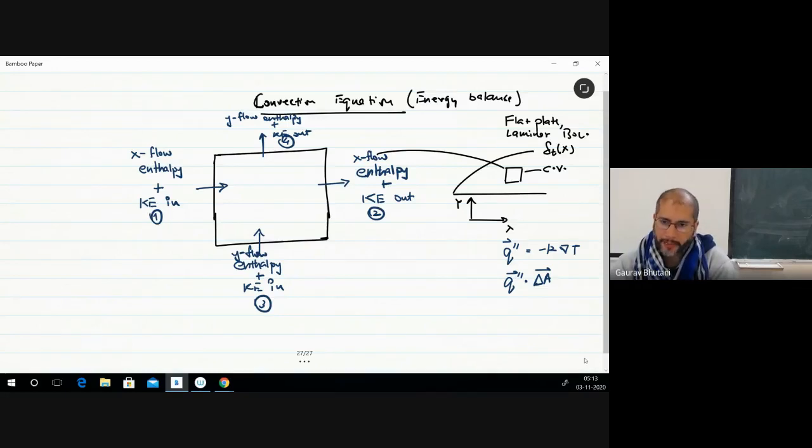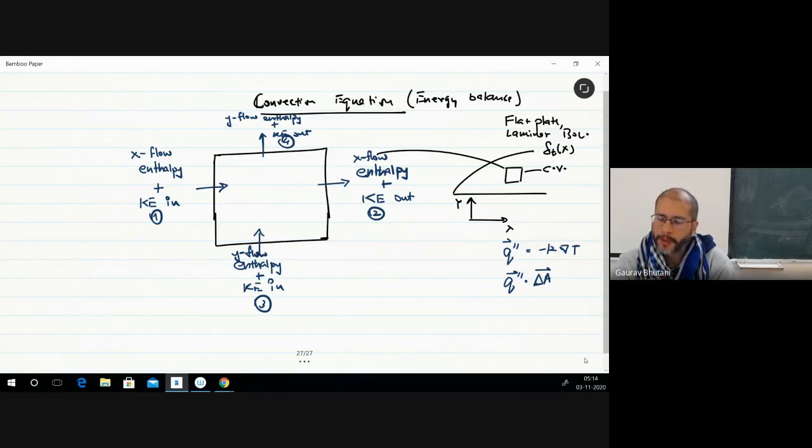Now, since heat conduction happens because of the gradient of temperature, we know that inside a thermal boundary layer, the gradient of temperature in the Y direction is much more than the gradient of temperature in the X direction. So in this case, we neglect the conduction from left to right along the X direction. It's only the conduction in the Y direction that will be prominent here.